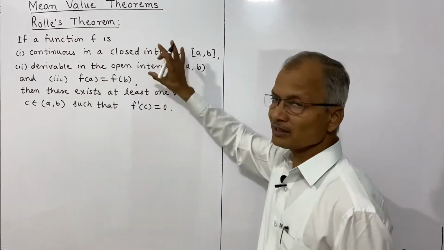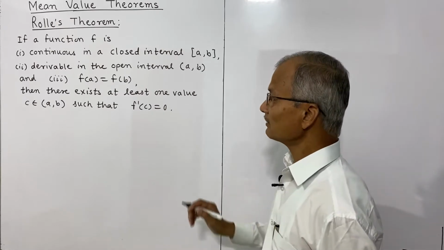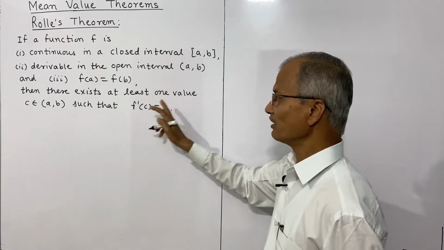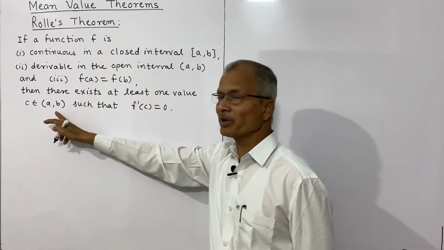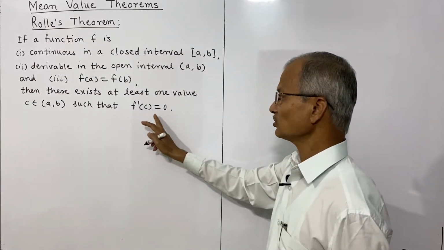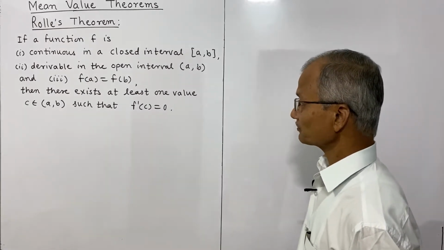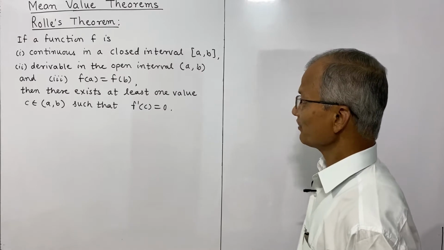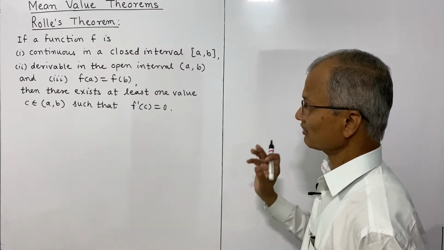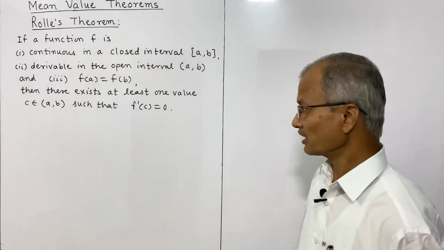If these three conditions are satisfied, then there exists at least one value c in the open interval a b such that f dash of c is equal to 0. So this is the meaning of the statement of Rolle's theorem.